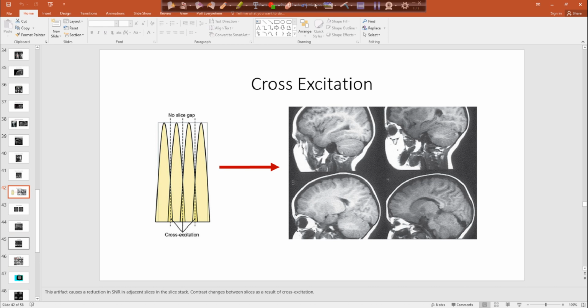Alright, so cross-excitation. Once again, we're dealing with saturation issues, but here, normally we're acquiring slices 1, 2, 3, and just going down the brain, right? So imagine this is 1, 2, 3, 4.